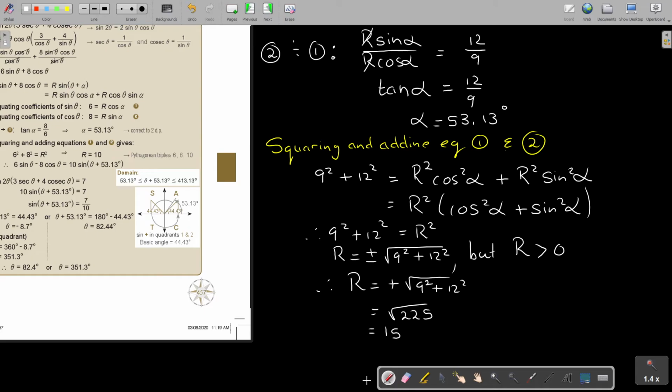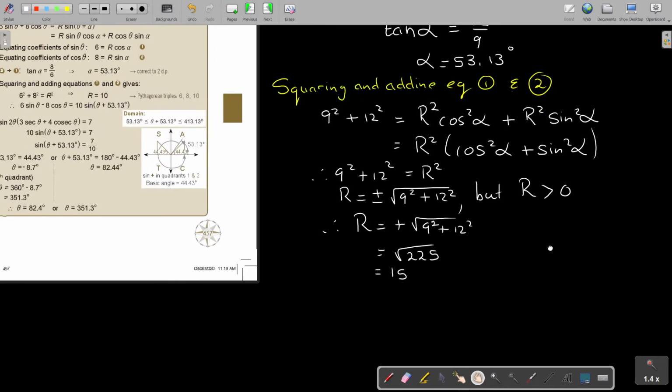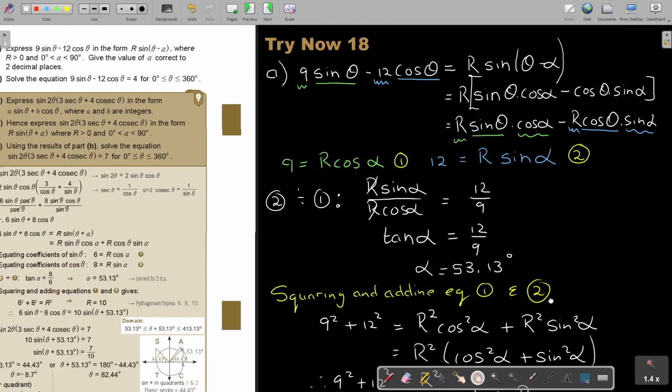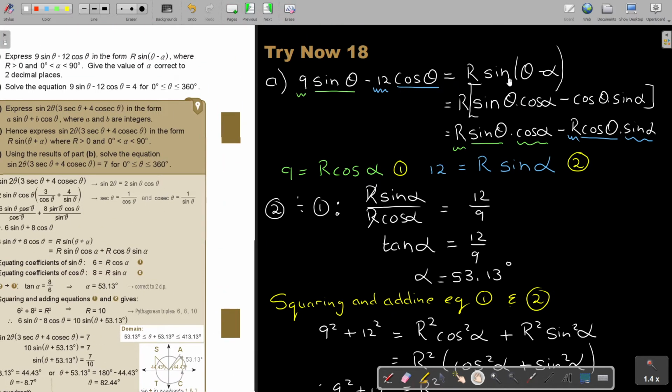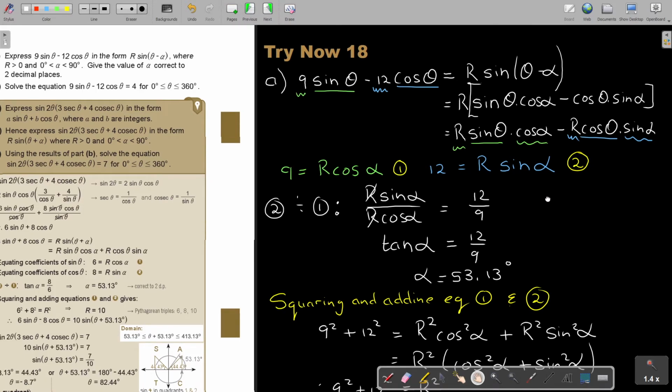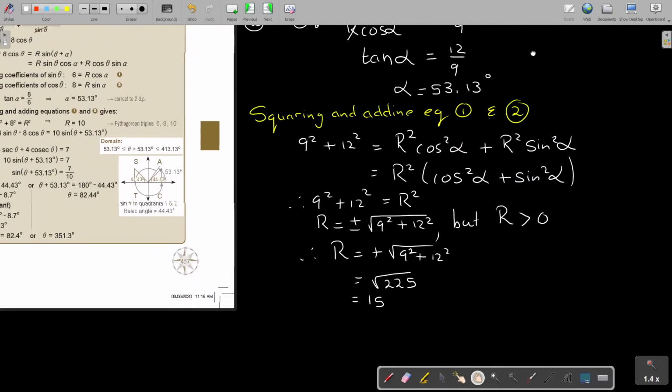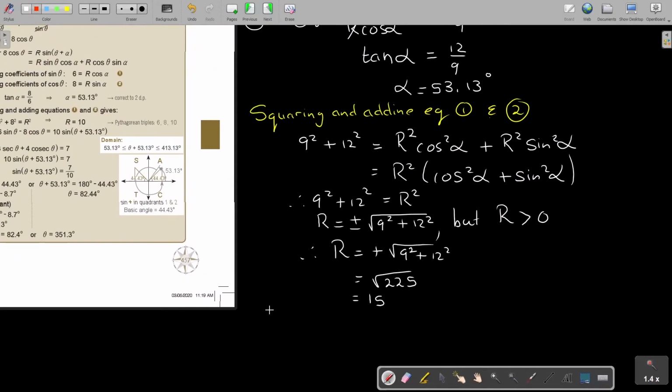So I'm going to say, therefore, remember my beginning statement. Can I just start here? Can you remember that beginning there? Okay. So I'm just going to substitute R, and I'm going to substitute alpha. So therefore, I'm going to do it in red.